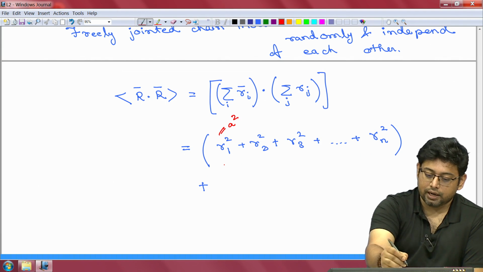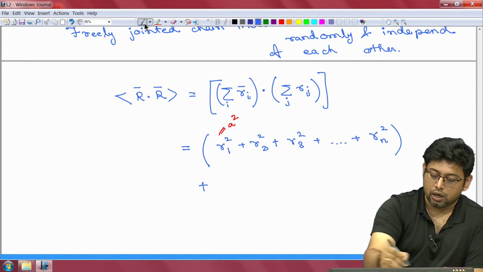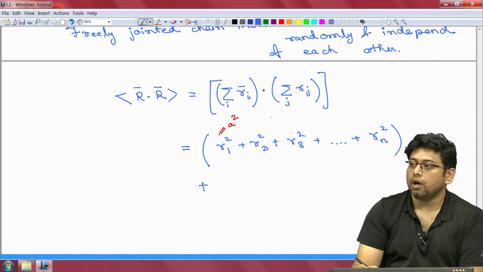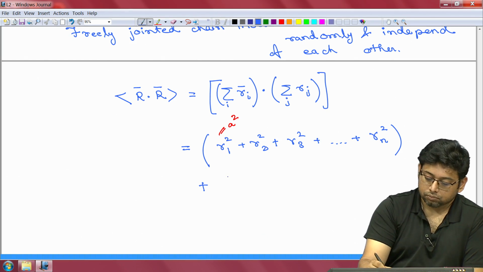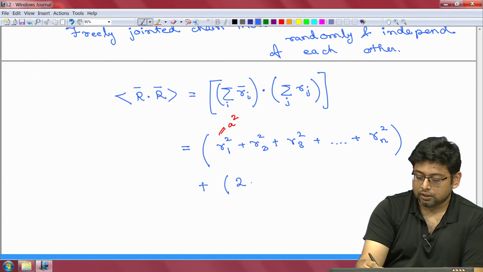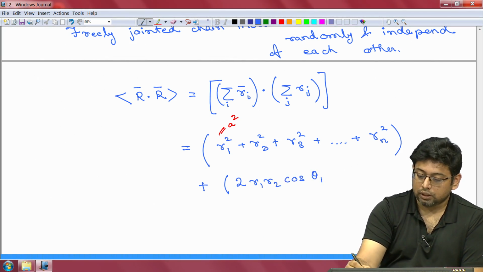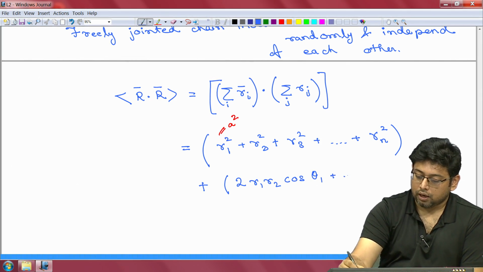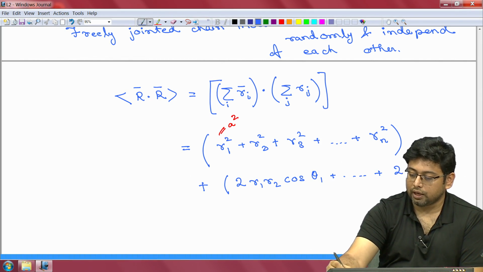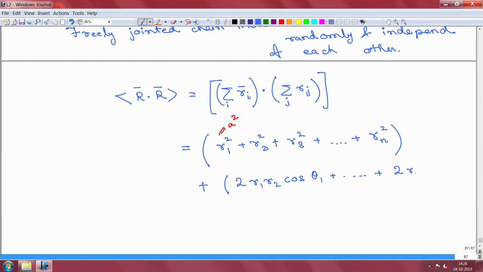And then you have a set of other numbers, which is a dot product, so you have the theta term. You will have this 2 r1 r2 cos theta 1, and then this will keep on going, and you have to sum up the various theta terms, all the various possible combinations of the theta.